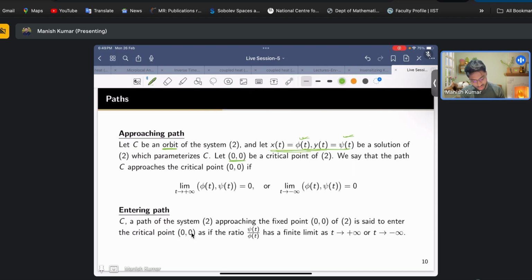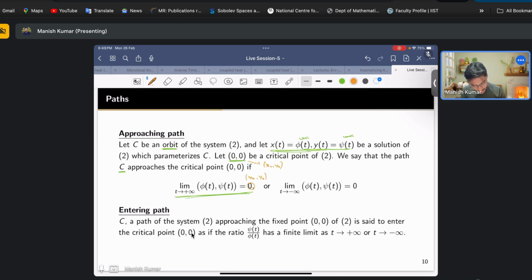So 0 0 is a critical point of the system. Then we say that the path C or the orbit C approaches the critical point if, as t goes to infinity, it is going to 0. Suppose here it was x naught comma y naught, then you just replace 0 by this x naught comma y naught.